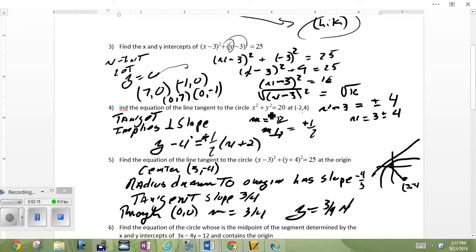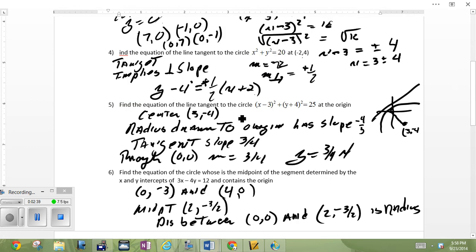So we need to find a slope between 0, 0 and -2, 4. That should easily enough compute to be -2. Okay, and now the opposite reciprocal slope, 1/2, is the slope of the tangent line, and the line contains the point -2, 4. So here's your approach to finding that equation of that line.